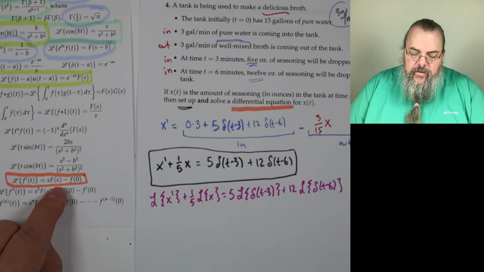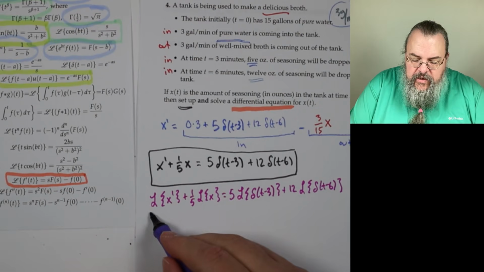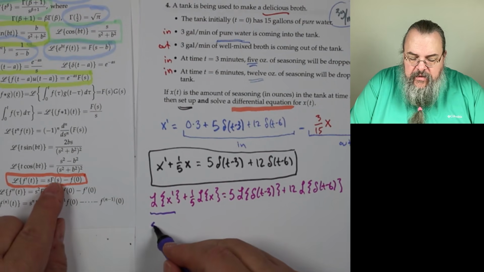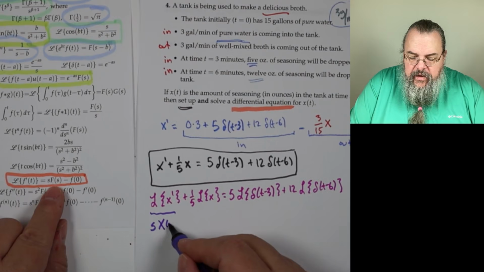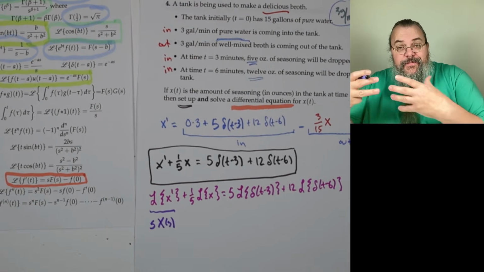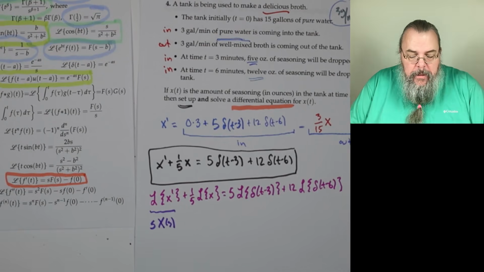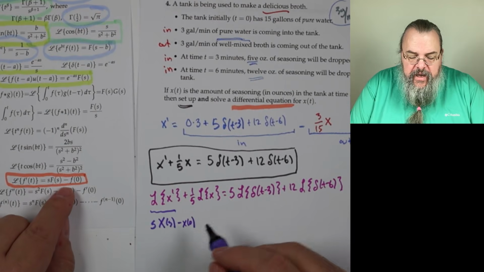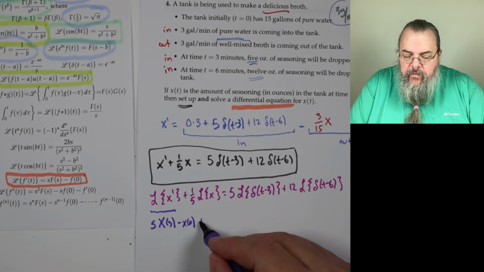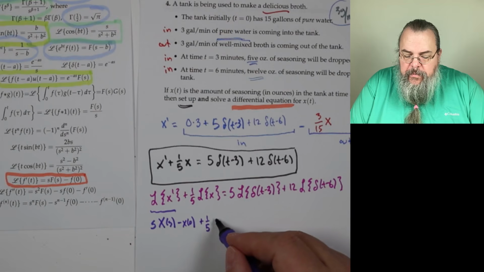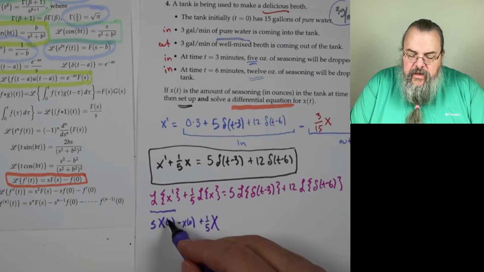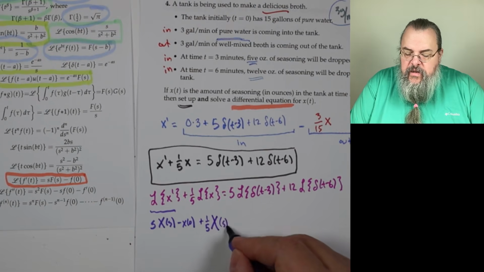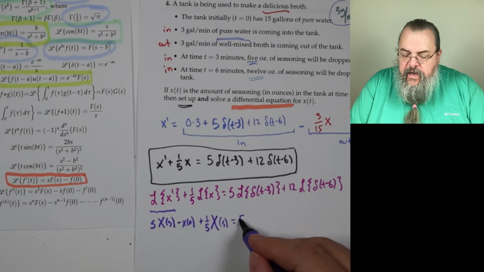So this first part right here is going to become s X of s, thinking of the Laplace transform of little x as big X, minus x of 0. We'll come back to that in a second. Then plus 1/5 the Laplace transform of x, that's X of s, is equal to 5.